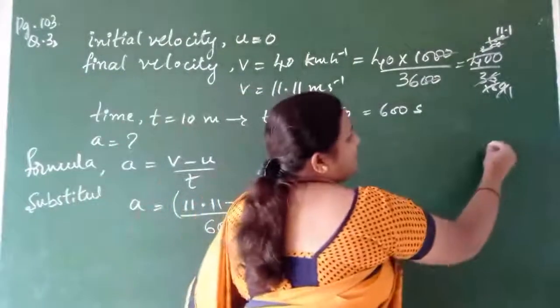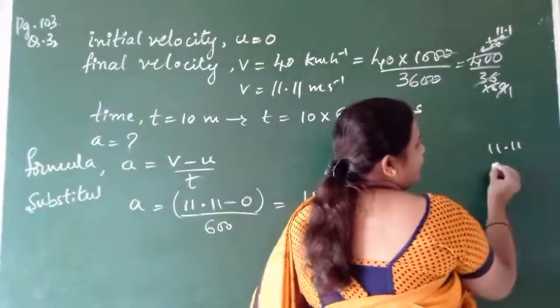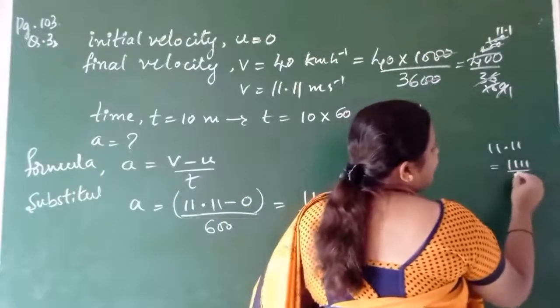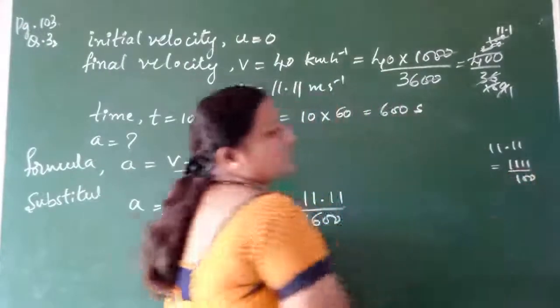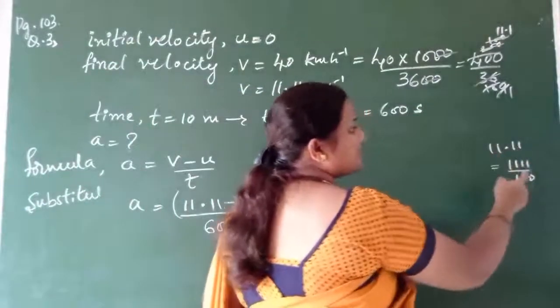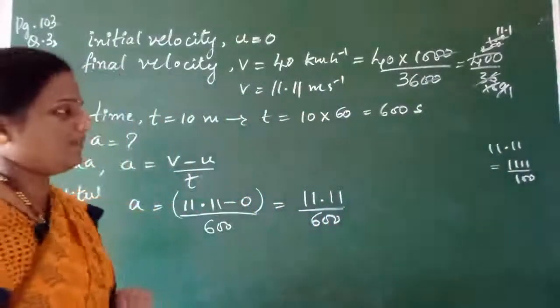So this 11.1111 can also be written as 1111 divided by 100. Both are the same, children, which is equal to 11.11. This can also be written in this way, no problem, isn't it?